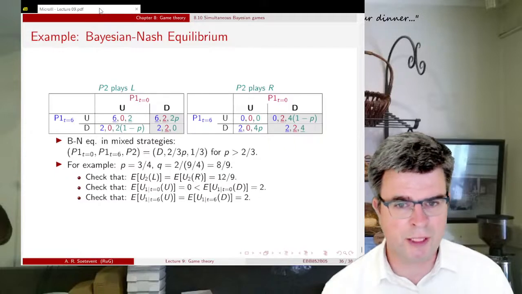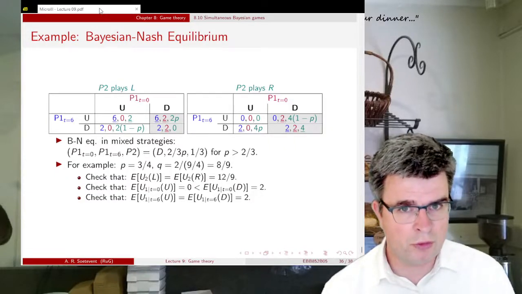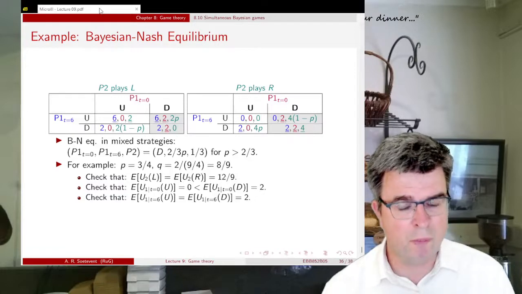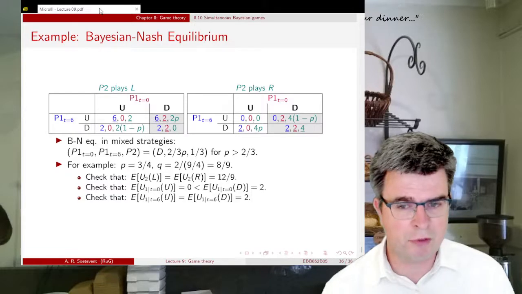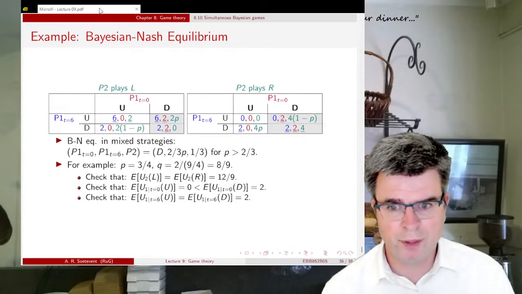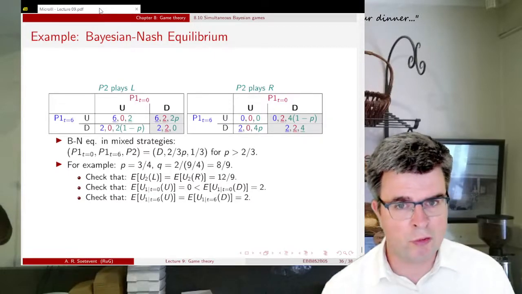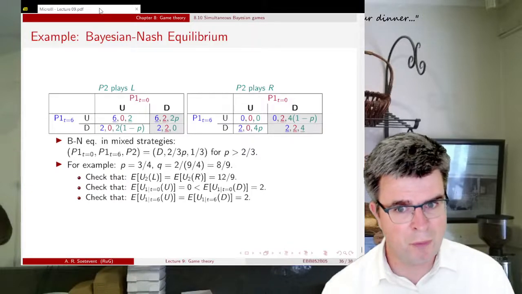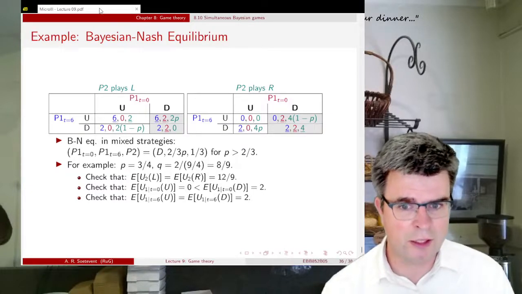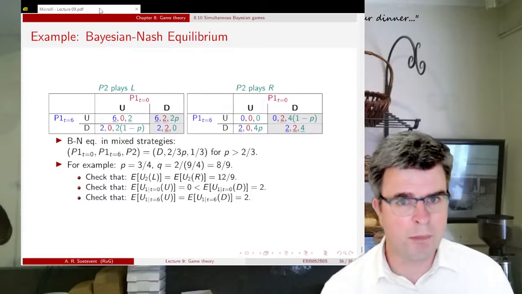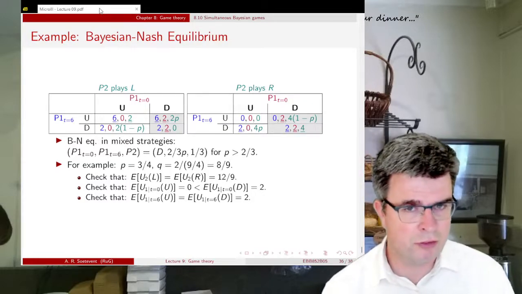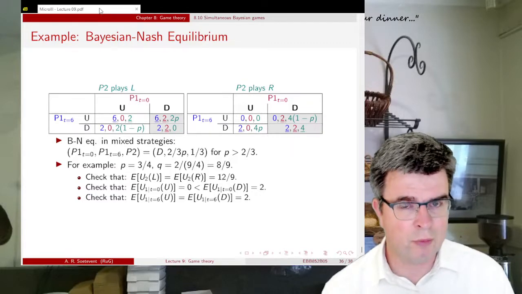You can also check that for player 1, conditional on being type T is 0 and conditional on player 2 mixing with probability 1/3, the expected payoff of playing up is 0, which is less than the expected payoff of playing down. So indeed, player 1, if he's of type T is 0, will play down for sure.